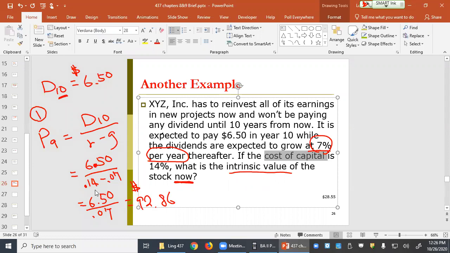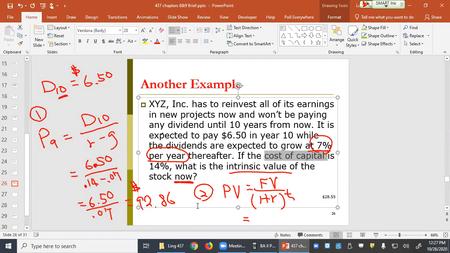Based on what we have just calculated in step 1, we can say that we can sell our stock 9 years from now at this price, because this is P9, right? This is the stock price at the end of the 9th year. So in step 2, in order to convert P9 into P0, we have to use the basic discount equation that says present value equals future value discounted by 1 plus R to the power of T. You learned that in Finance 330.